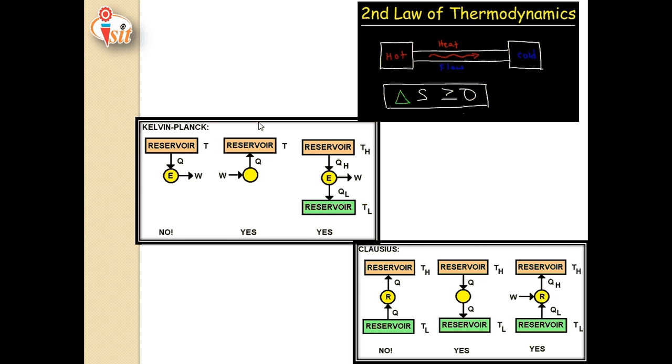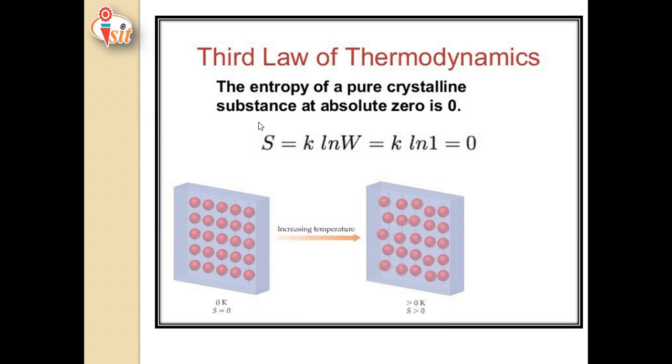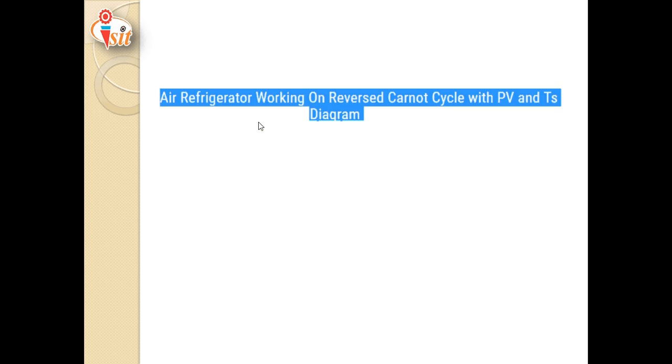To run a refrigerator, we have to supply some initial work. The refrigerator will extract QL amount of heat and reject QH amount of heat. For that purpose, W amount of work has to be supplied. Third law of thermodynamics: the entropy of a pure crystalline substance at absolute zero is zero.